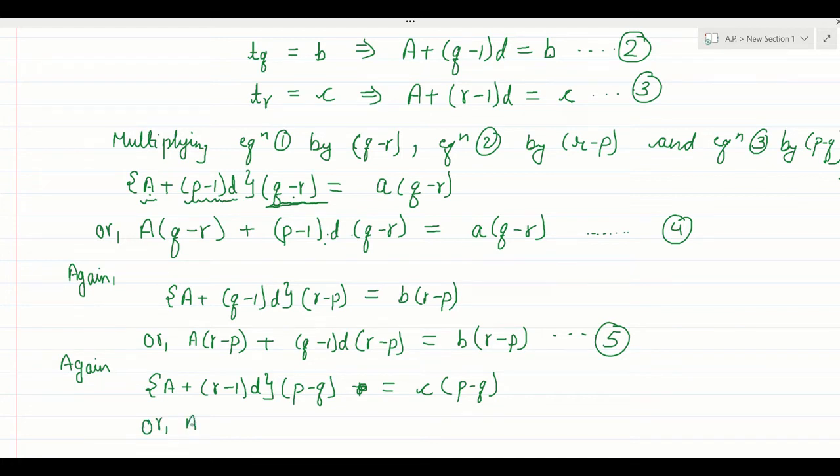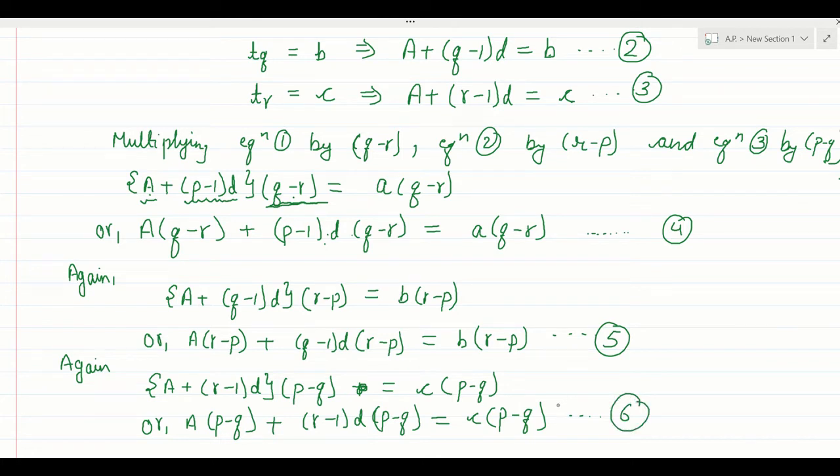We are getting A in bracket P minus Q plus R minus 1 D in bracket P minus Q equal to C in bracket P minus Q. This is our equation 6.